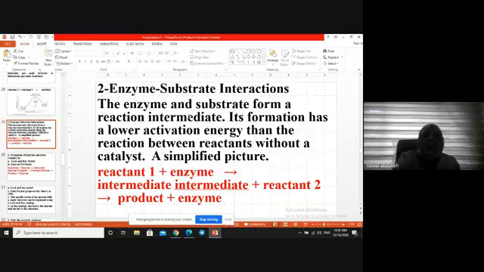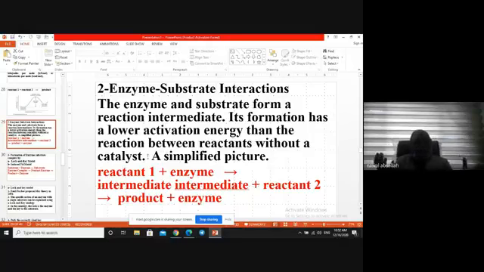The enzyme and substrate form a reaction intermediate. Its formation has a lower activation energy than the reaction between reactants without a catalyst.